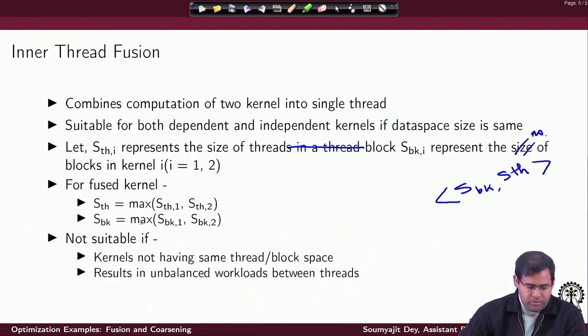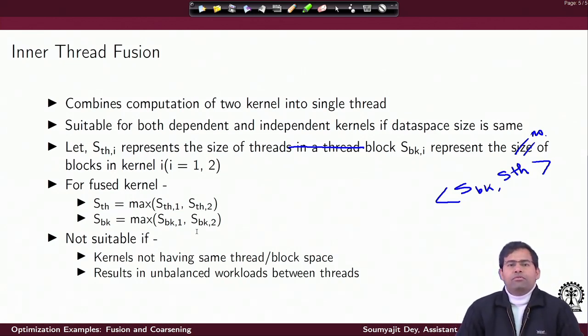When I fuse the two kernels to create a single kernel, I choose STH, the size of the thread block, as the max of the individual thread block sizes, and I choose the number of blocks as the maximum of the number of blocks in the individual kernels. Why is this important?